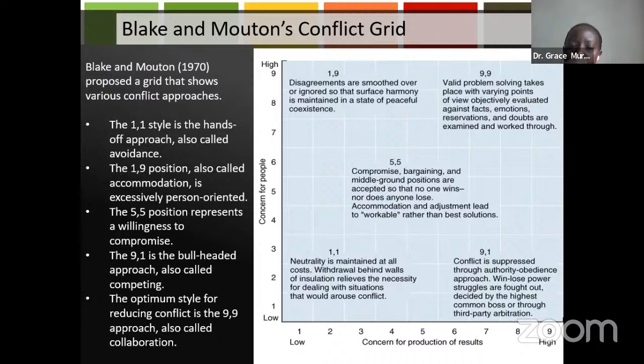So concern for people is a kind of person who avoids and accommodates a lot, because for them, the most important thing is the relations. I don't want to conflict with this person because there's a time I was in trouble, they were there for me, they helped me a lot.